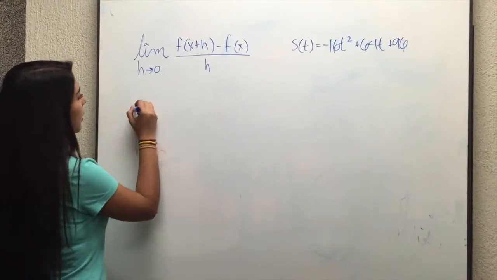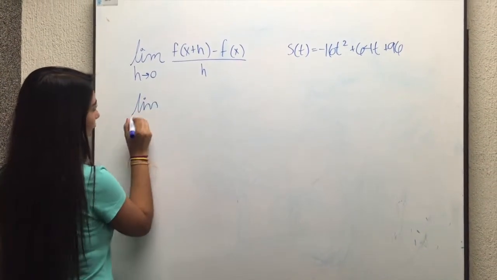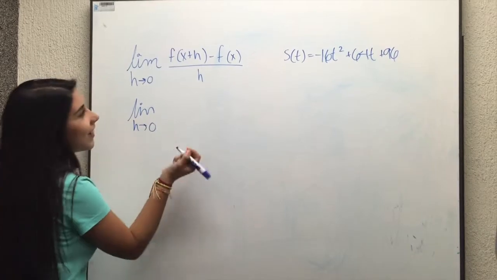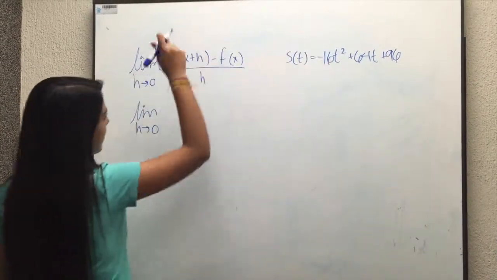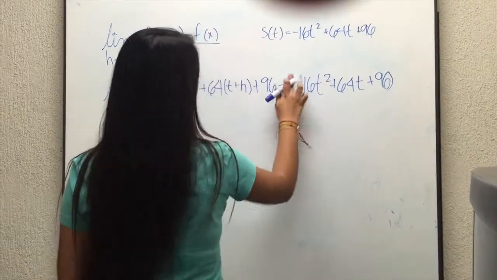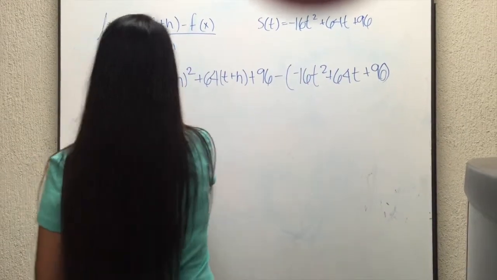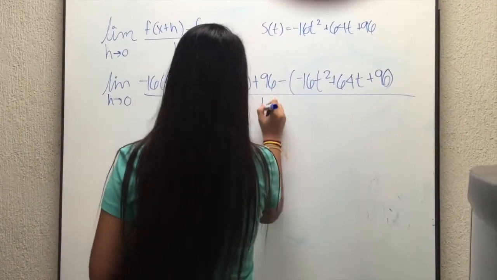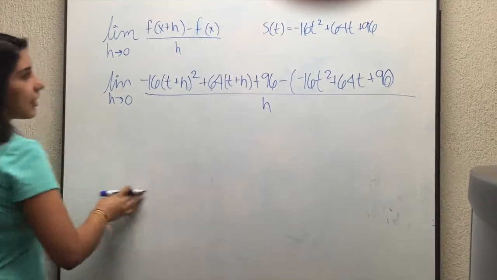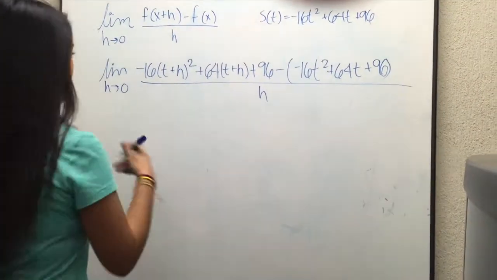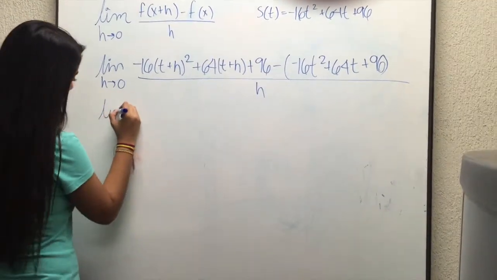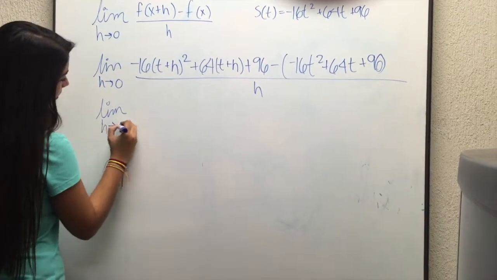So we need to put the limit as h approaches 0. So we need to put this and then everything over h. This is like the substitution.